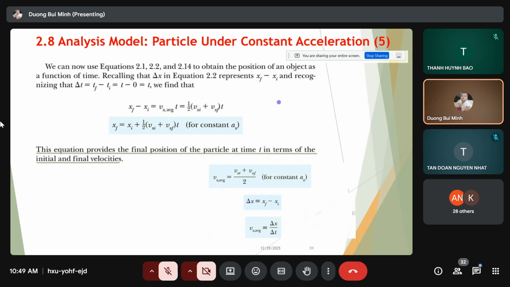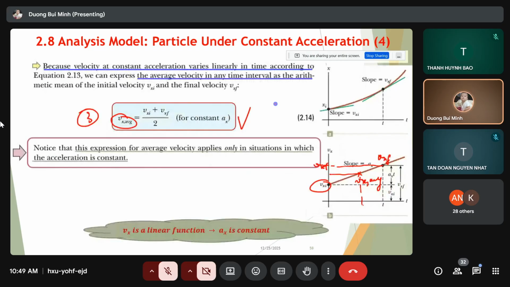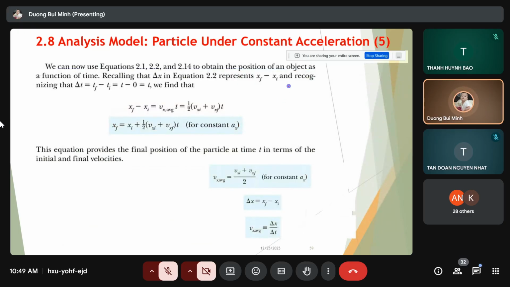Now we have Vxf is Vxi plus Ax times t, and we have Vx average is Vxi plus Vxf divided by 2.